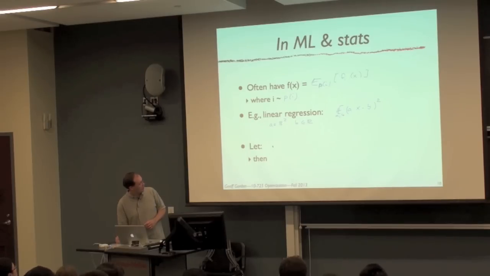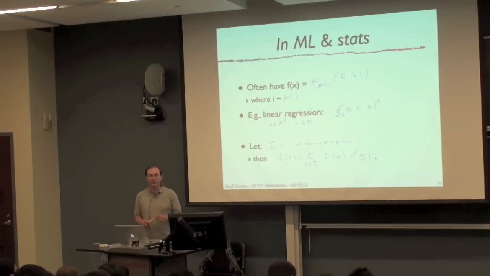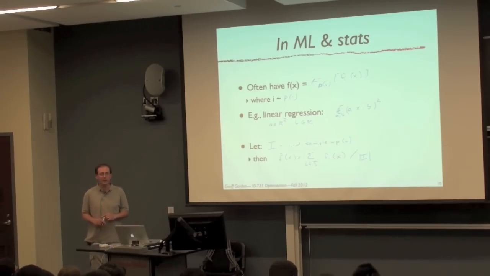So we'll let our index set, capital I, be an independent, identically distributed sample from p of I, and we'll make our approximation f hat of x equal to the sum over i in capital I of f_i of x divided by the size of the index set I. That's a sample approximation to the expectation.